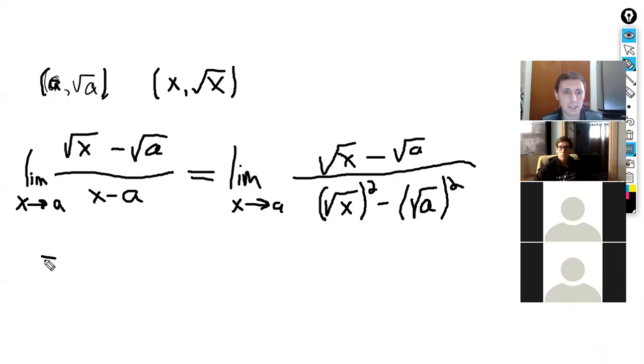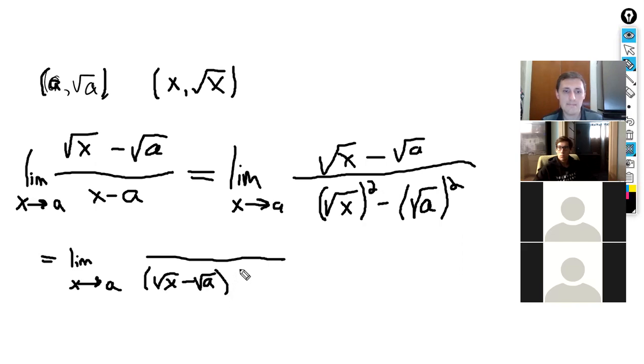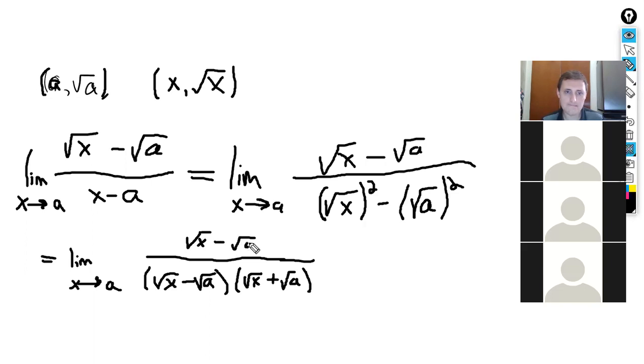This is simply the limit where x goes to a, and the denominator can be written as root x minus root a multiplied by root x plus root a, and the numerator is root x minus root a.